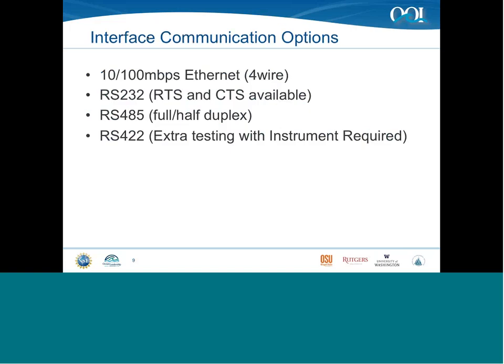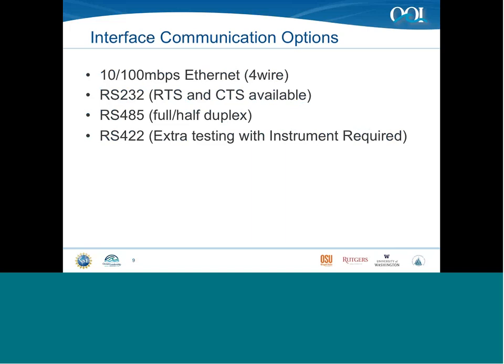Okay. So as far as interfacing to a junction box, there's multiple communications options. Ethernet, RS-232, we can make RTS and CTS lines available, RS-485, so I think these are now called EIA, but I think most of us recognize them as RS, RS-422.